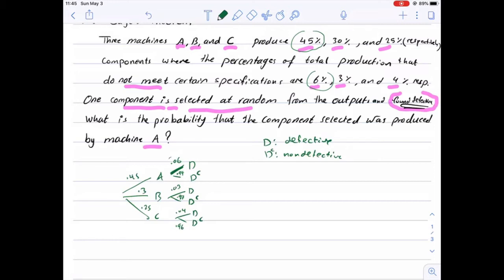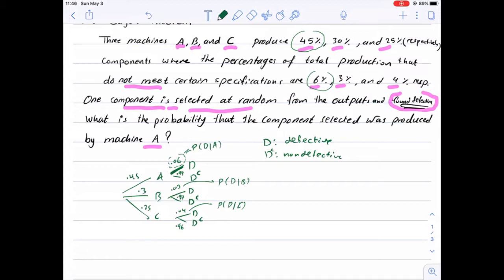And this probability is the probability of D given A, the probability of defective provided that the outcome comes from machine A. This is the probability of defective provided that it comes from B, and this is defective provided that it comes from machine C.